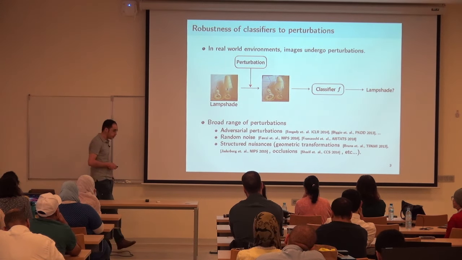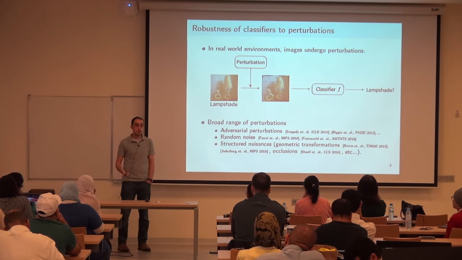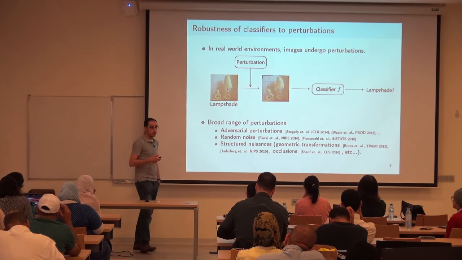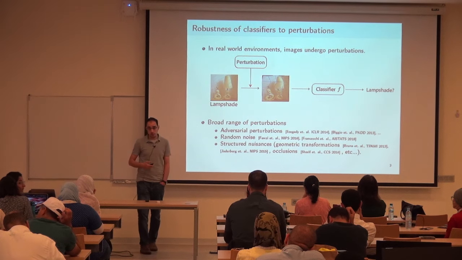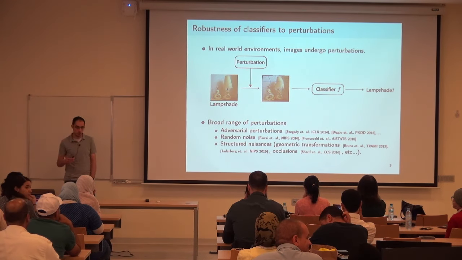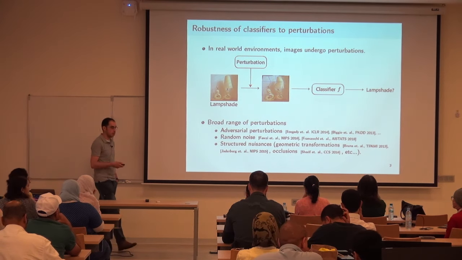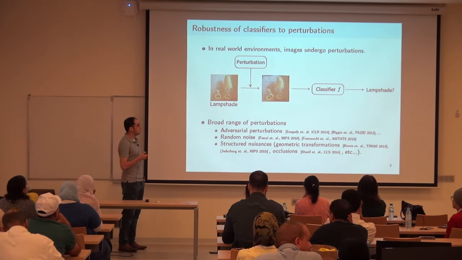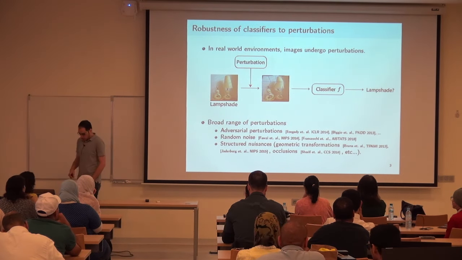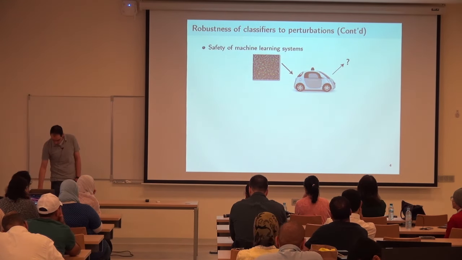Those can be a bit more realistic, in the sense that you can change illumination, you can add occlusions, and so on and so forth. If we want to deploy these things in real-world environments, we need to make sure that the classifiers are robust to such changes in the data. I mean, the data is not always clean in this way, right? So that's the topic of today.